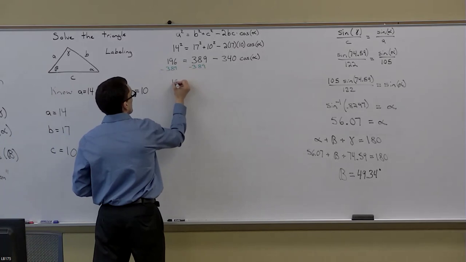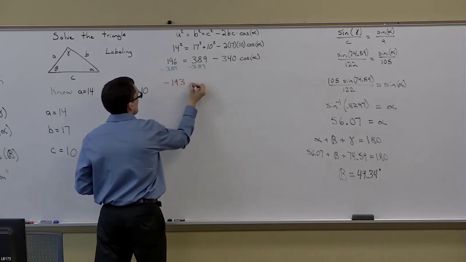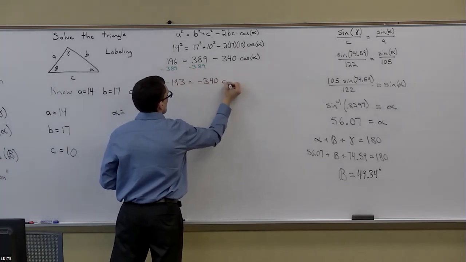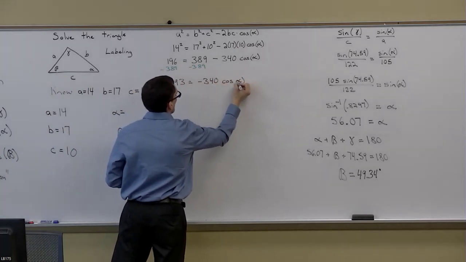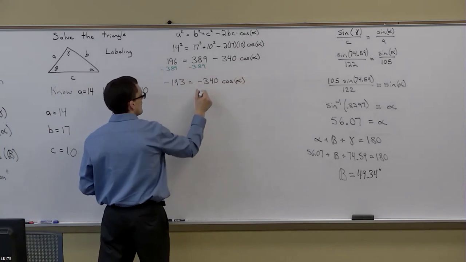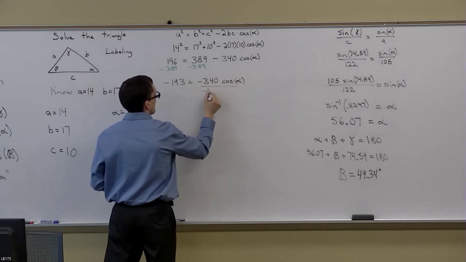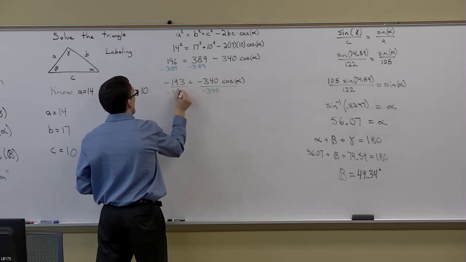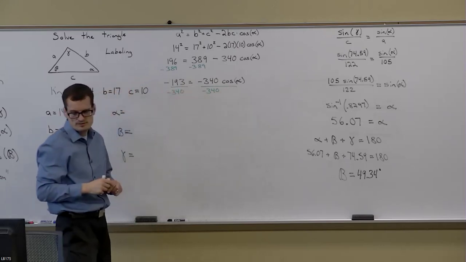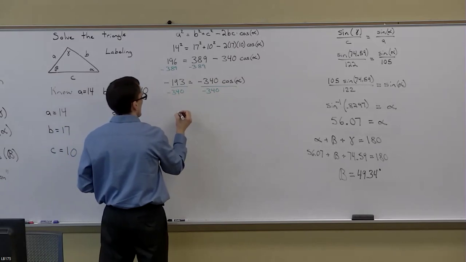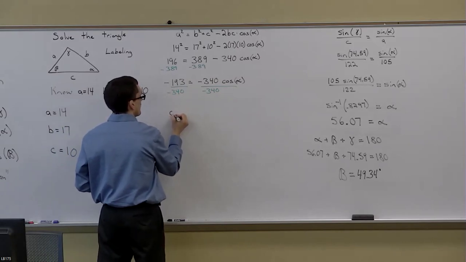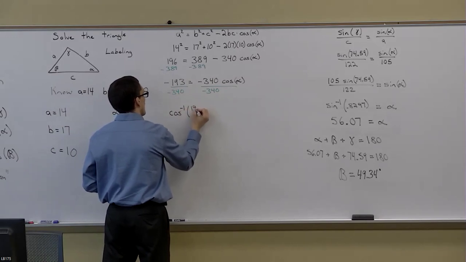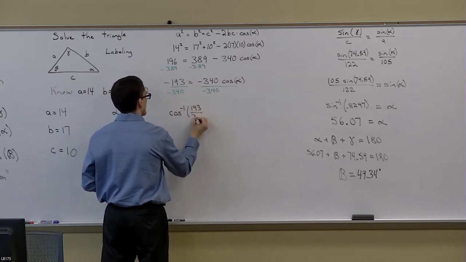That gives me negative 193 is equal to negative 340 times cosine alpha, divided by negative 340. And then we do the cosine inverse of 193 over 340.